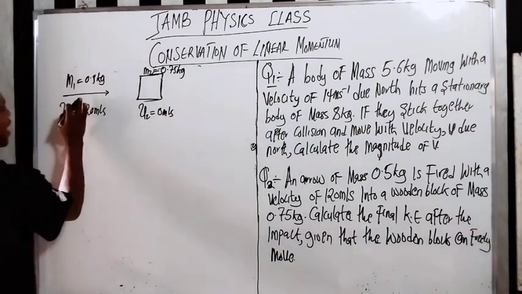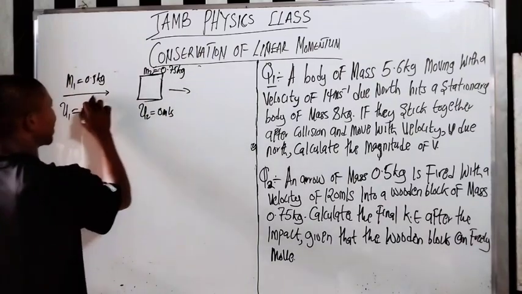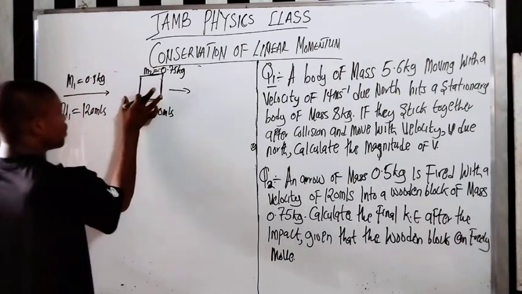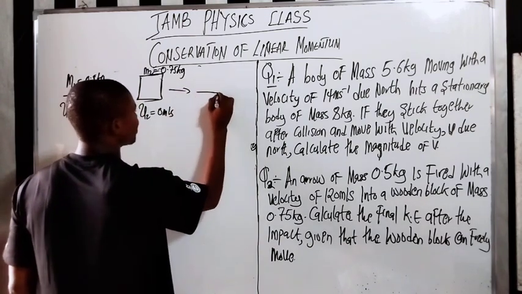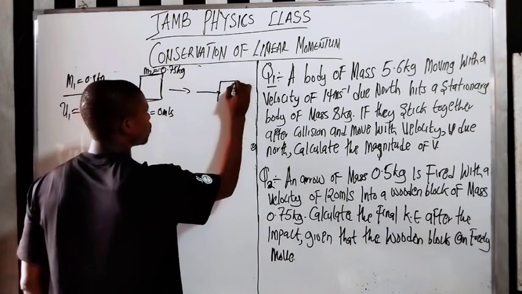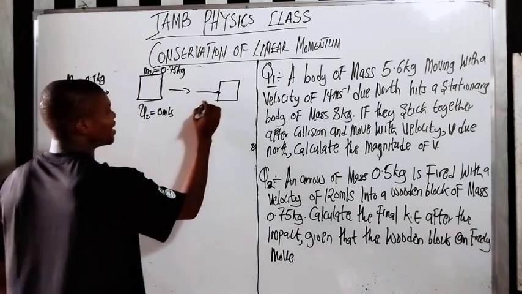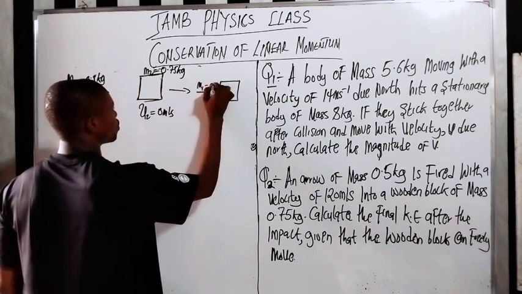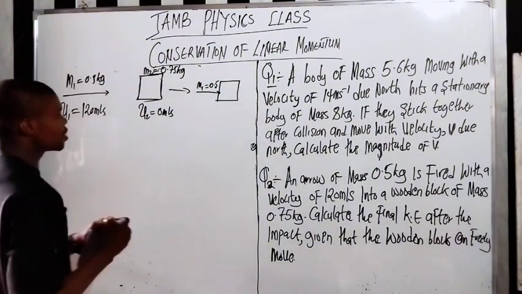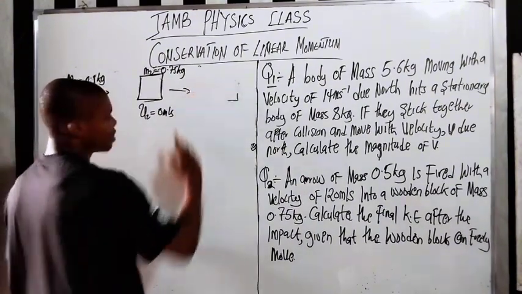Now if the arrow hits this block here, this block can freely move. So if the arrow pierces the wooden block, what will happen here? The mass of the arrow is still 0.5. Let me wipe this out.